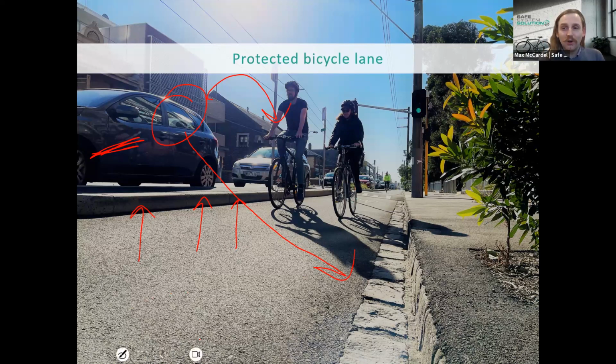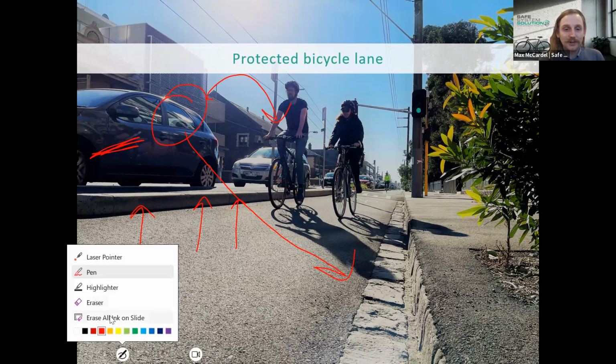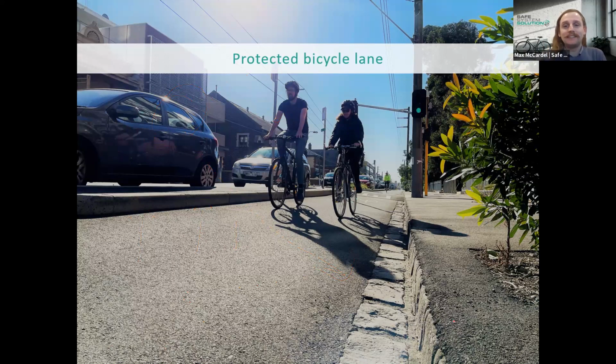This one is actually a really good example of a protected bicycle lane because it's wide enough to allow two cyclists to ride abreast, as shown in the photo. And the reason that's so important, or so attractive, is if you are a commuter cyclist and you want to travel quite quickly and you get stuck behind a cyclist who is just doing it for a leisurely ride, or is off to get their groceries, or dropping off the kids at primary school.